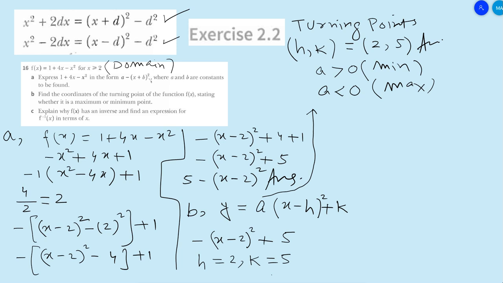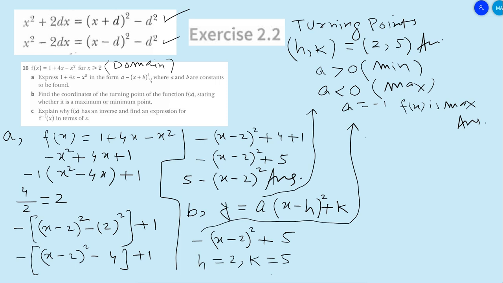So our answer shows that the value of a is -1. So we can say f(x) is maximum. This is the complete answer. The turning point is (2, 5) and the function is maximum.